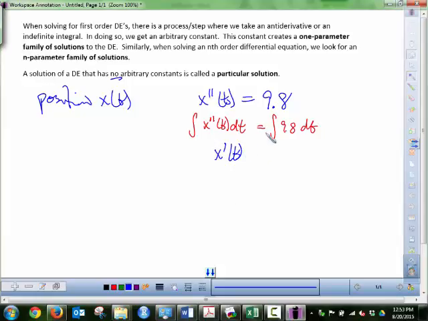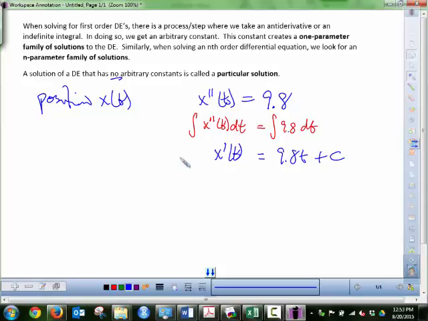Oops, I don't need the dt anymore because I already did that operation. Do you guys know what the integral of 9.8 is, the integral of a constant? 9.8t plus c, right? So this is your arbitrary constant.